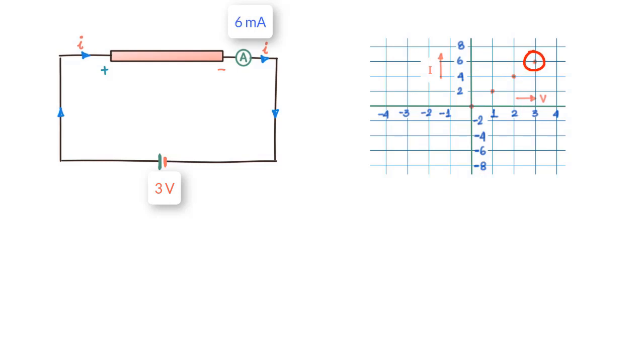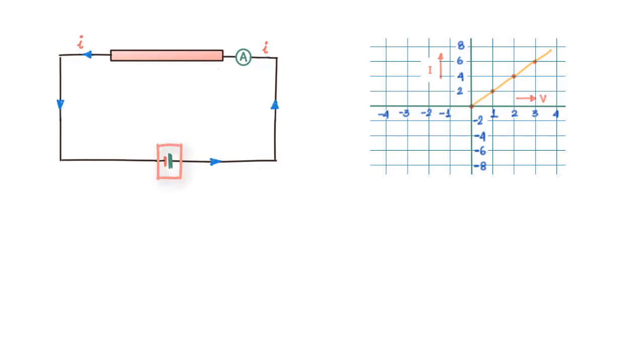So if we connect these points, what we see is that we get a straight line plot between the applied voltage and the current that flows through the resistor. Now let us reverse the connections at the terminal of the battery so that the current flows in the other direction.